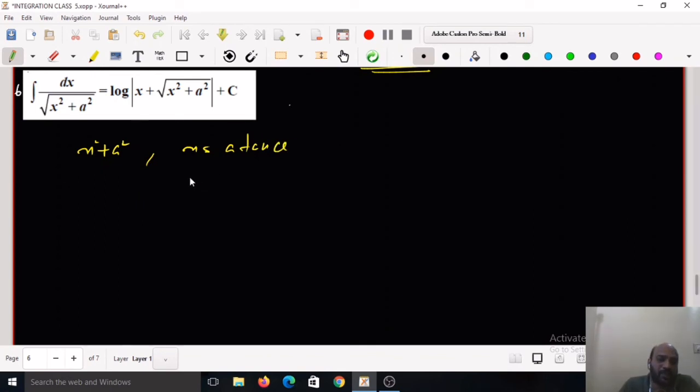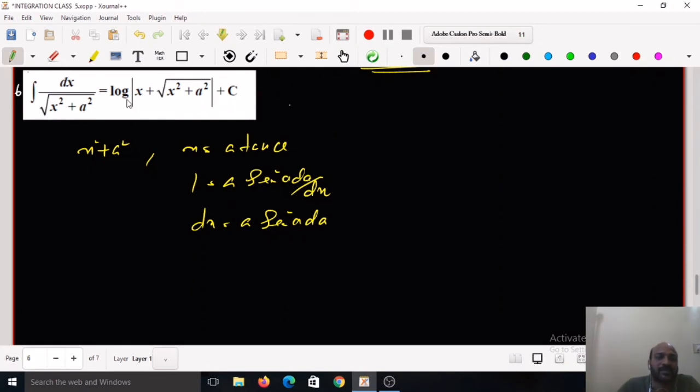When we differentiate both sides with respect to x, what will we get? 1 equal to a into derivative of tan theta, which is sec square theta, into d theta by dx. So we'll get dx equal to a into sec square theta d theta.